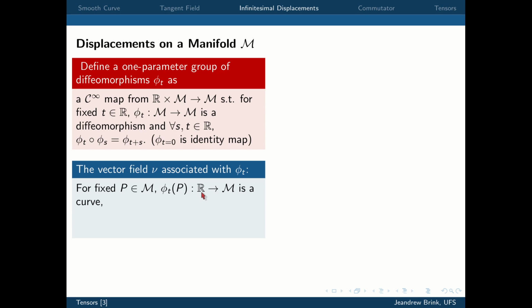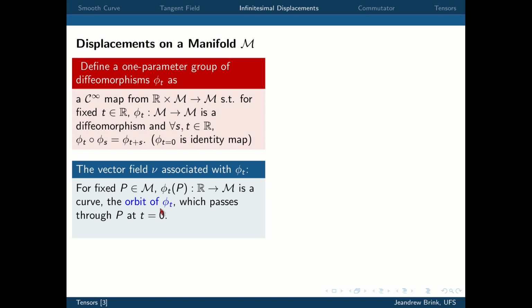Now I just want to finish this bottom part. That line associated with the diffeomorphism we call the orbit of phi of t. So for example, this random curvy curve that you've described over here is the orbit of phi of t of that particular point. That is the path.